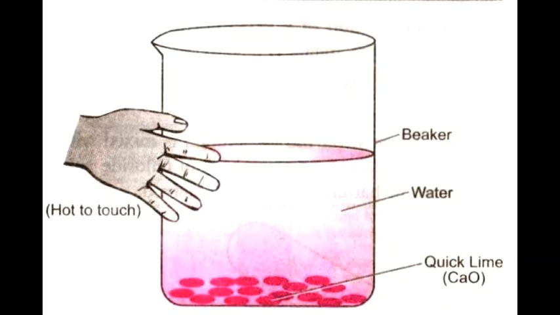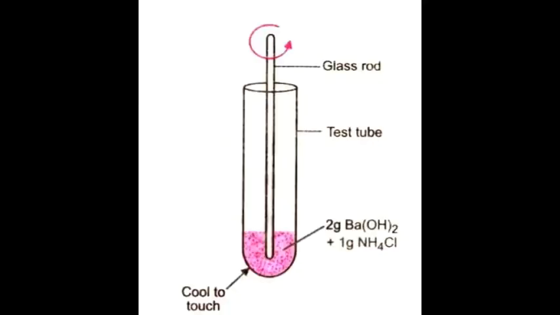And also the opposite, we have seen that if you take 2 grams of Ba(OH)2, barium hydroxide, and 1 gram of NH4Cl, ammonium chloride, the temperature goes down, heat is absorbed. This is an example of endothermic reaction. Okay?